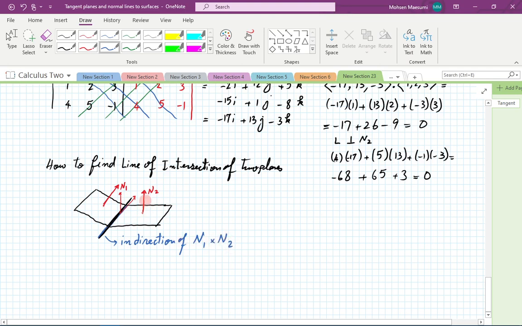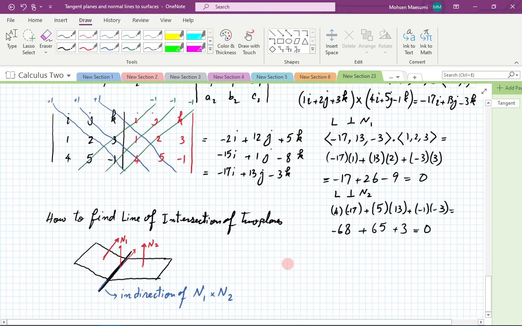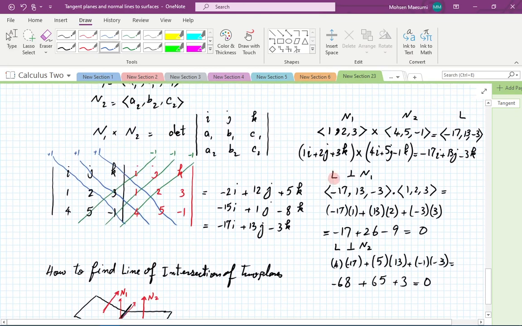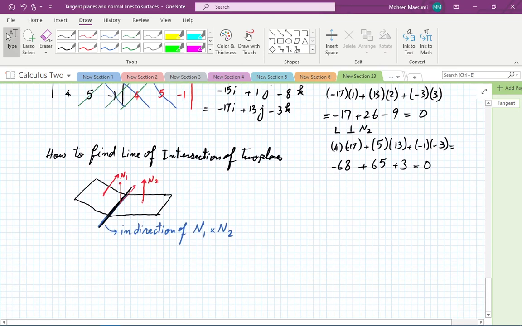Because n2 is perpendicular to this blue line, n1 is perpendicular to this line, so this is a line that's perpendicular to both n1 and n2. That's exactly what we talked about here. This is a line that is perpendicular to both of these two vectors. So to get the direction, all we have to do is to cross the two vectors. Once I have that, then I know where the crossing line is going to be.